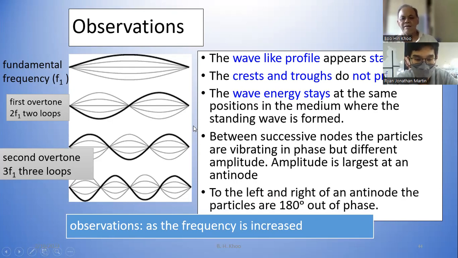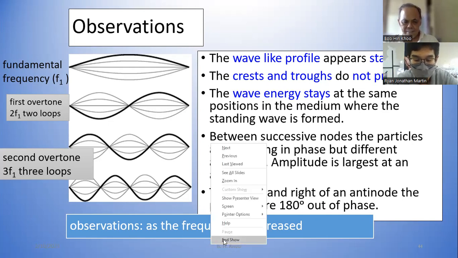To the left and right of a node, the particles are 180 degrees out of phase. Sorry, I think there's a mistake here.